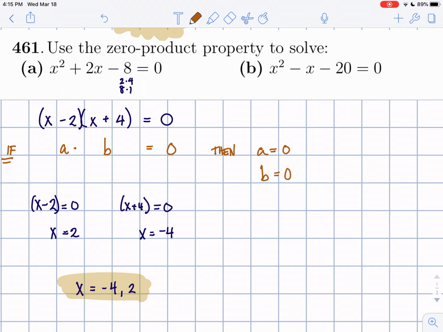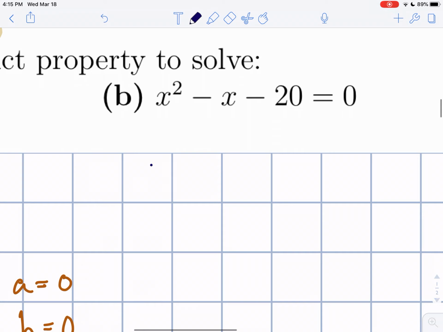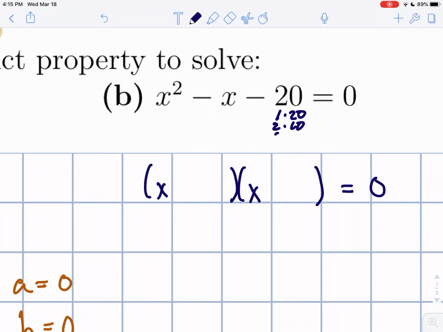X squared minus x minus 20 equals 0. I'll move this over here. I can factor that one. X, factors of 20. Again, I'm looking at 1 times 20, 2 times 10, 4 times 5.